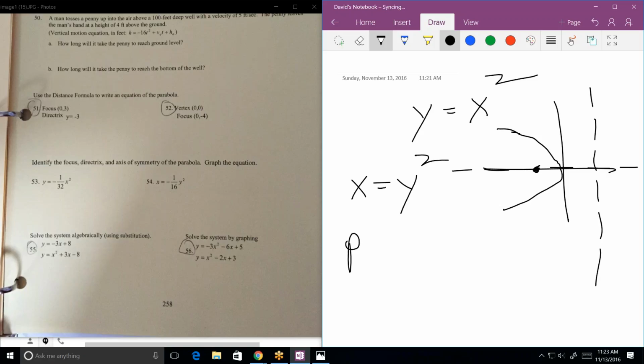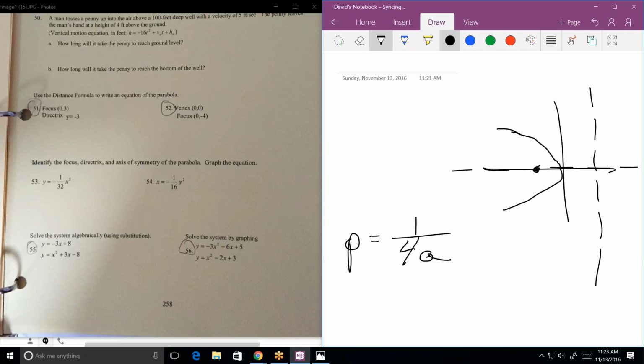What's p equal to? p equals... What's the equation for relating it to a? 1 over 4a. Right. Okay. Now here's our equation. x equals negative 1/16 y squared.